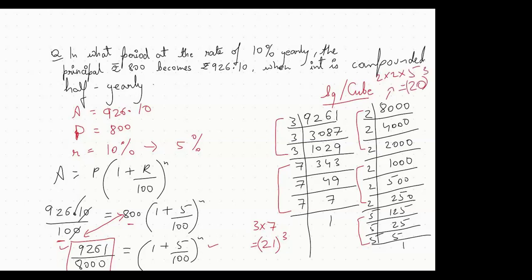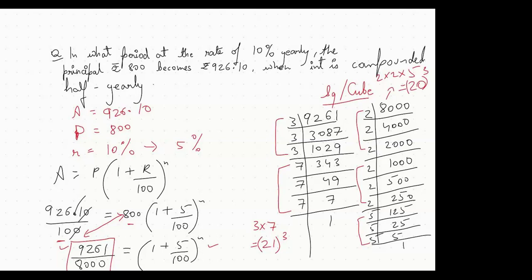Okay, so now we will proceed to our next step. What's the next step? Very simple. You are getting 21 cube for 9261 and 20 cube for 8000. So just replace 9261 with 21 and 8000 with 20, whole power 3, because both of them are cubes of these two numbers.